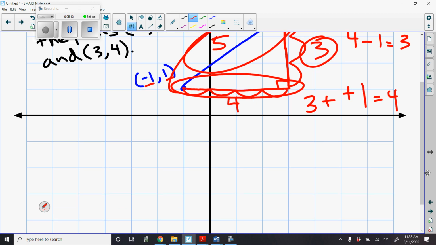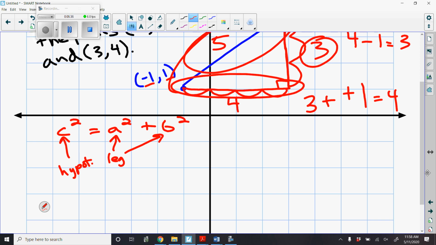Again, we know this Pythagorean theorem. This is a leg. This is a leg. This is the hypotenuse. Okay.